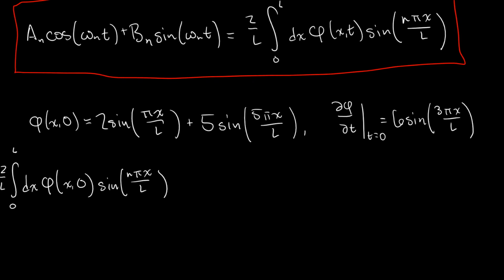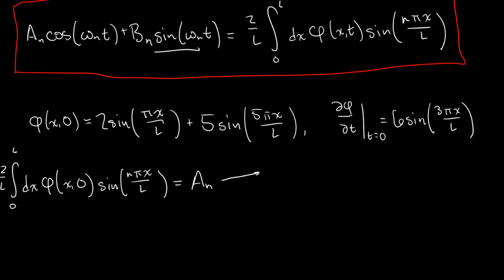So for n equals 1, this is just going to give me 2. Actually, I'll write out what I have on the right-hand side here. At t equals 0, this sine term drops and I'm only left with the cosine. So this is a sub n.